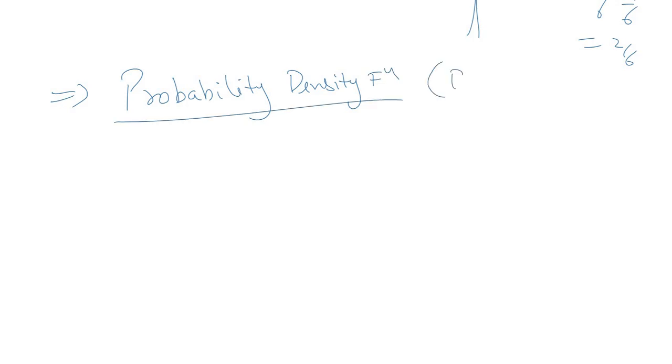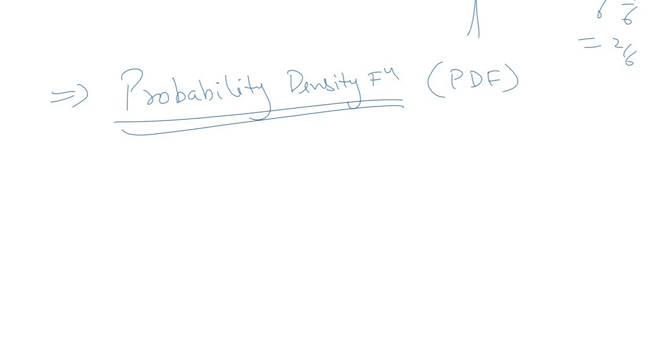Okay, next we'll have a look at another important statistical property of a random variable, that is the probability density function, commonly used as PDF.